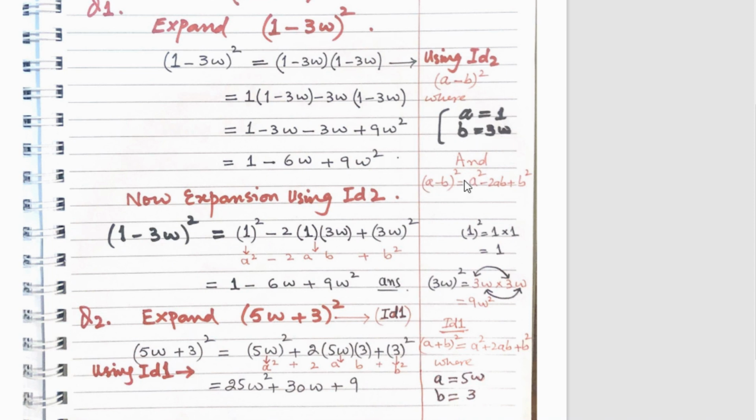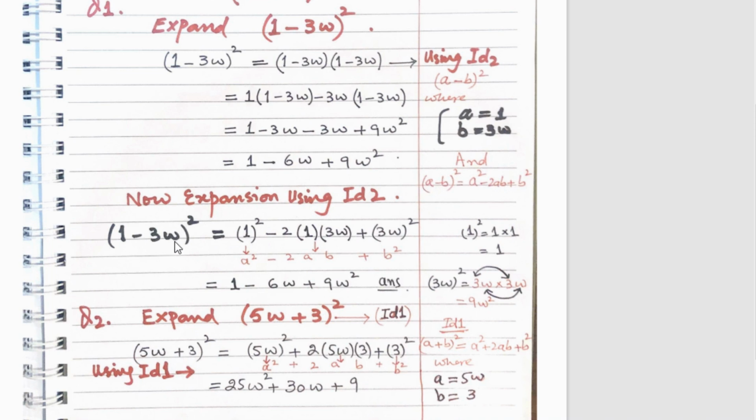Okay. And we know (A minus B) whole square is equal to A square minus 2AB plus B square. This is the right side of the second ID. The left side of the second ID is given to you in this form, and we need to use this ID's right side to expand it. Now the right side will be used to expand this left side of the ID.